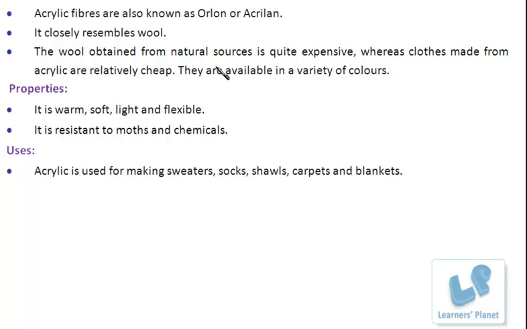The wool obtained from natural sources is quite expensive. Obviously, it is obtained from animals, and a large amount of wool is required. So natural wool is quite expensive. Whereas Orlon or Acrilan or acrylic fibers can be produced in huge amounts in laboratories. So they are cheaper.